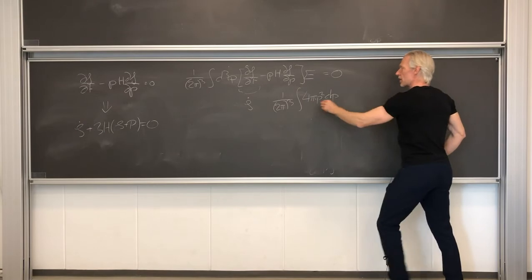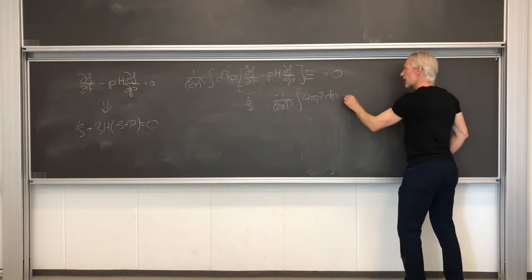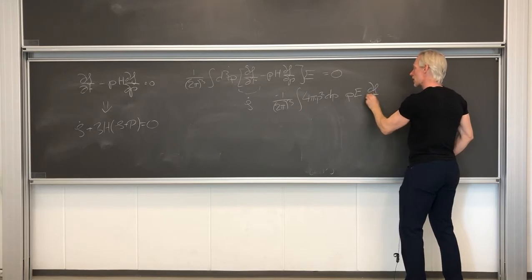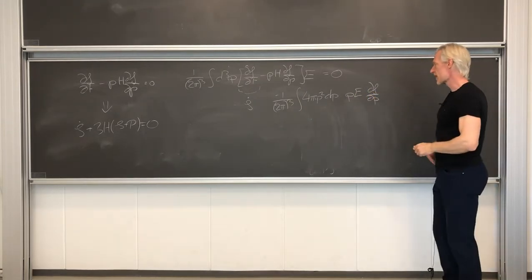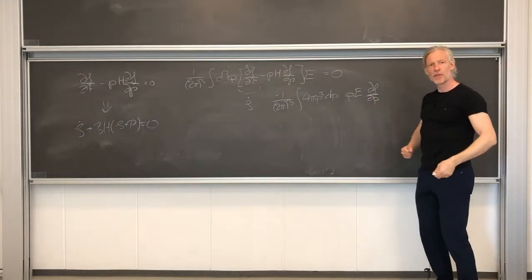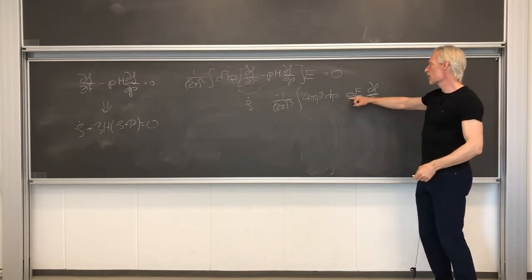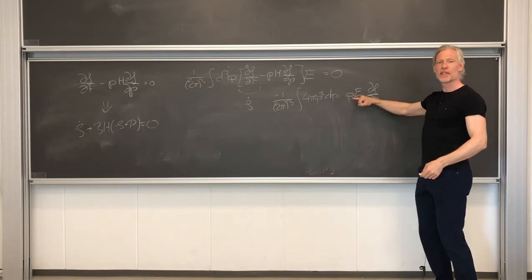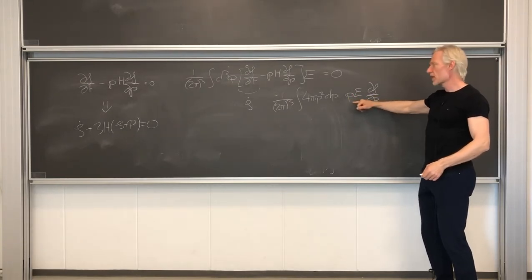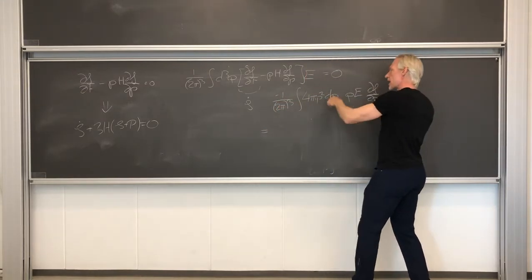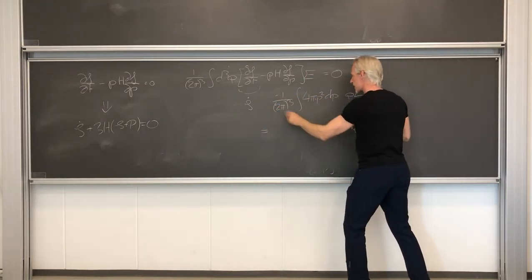Then we have minus from here, and then p times E now df dp, like this. And again, just like before, we do it via integration by parts. And just like before, it's important, of course, that the boundary term goes to 0. So this will actually be equivalent to minus, which eats that minus sign.